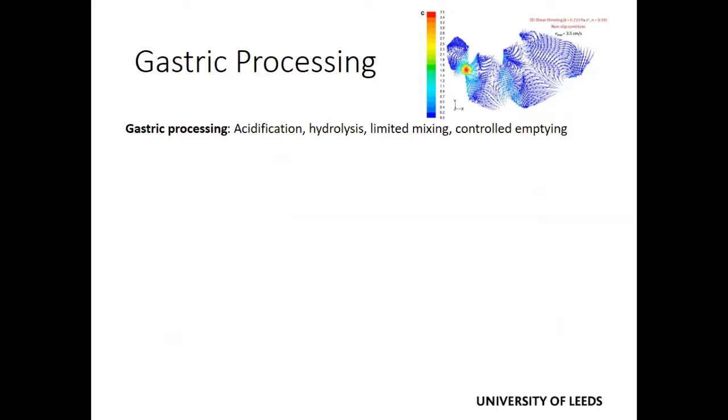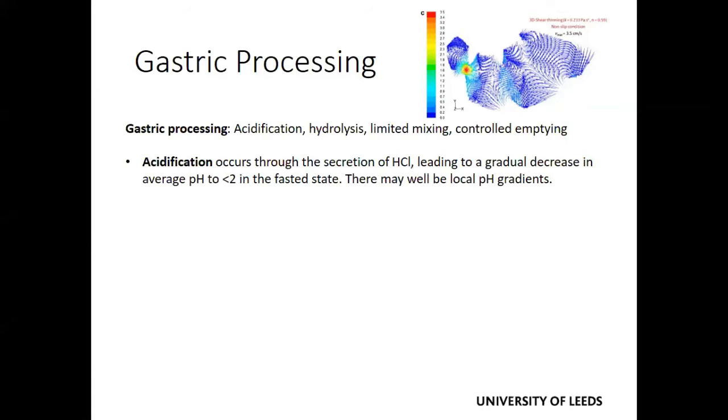And emptying is controlled so that the stomach is essentially a storage device. Acidification occurs through the secretion of hydrochloric acid, leading to a gradual decrease in the average pH, so that by the time the food is emptied from the stomach, so the fasted state, the pH is below 2. There may also be local pH gradients, depending on the nature of the food that's being consumed.